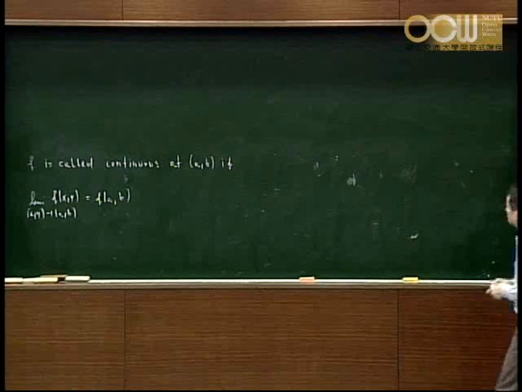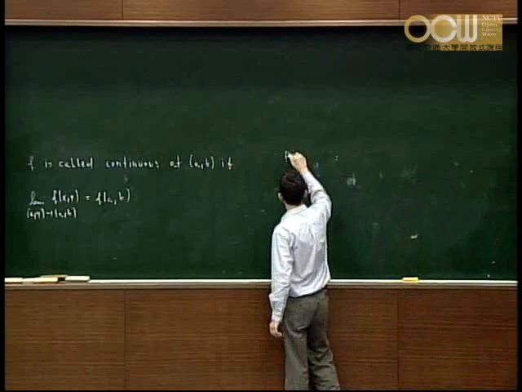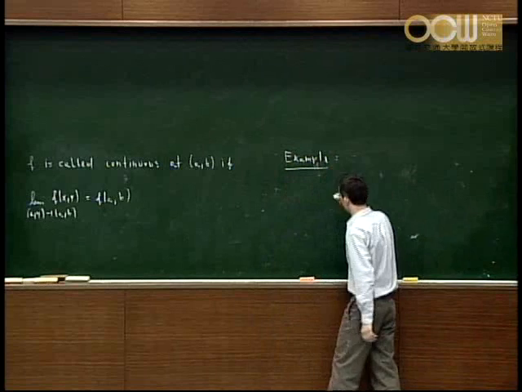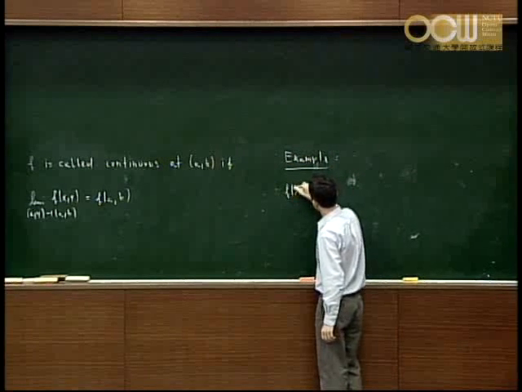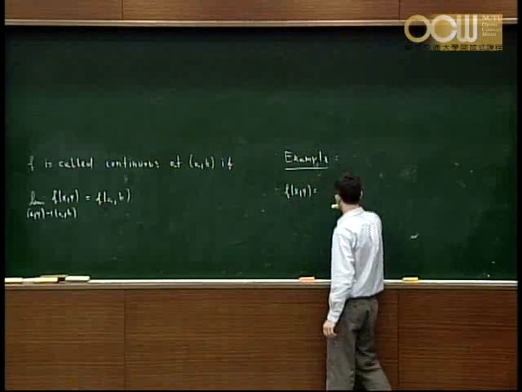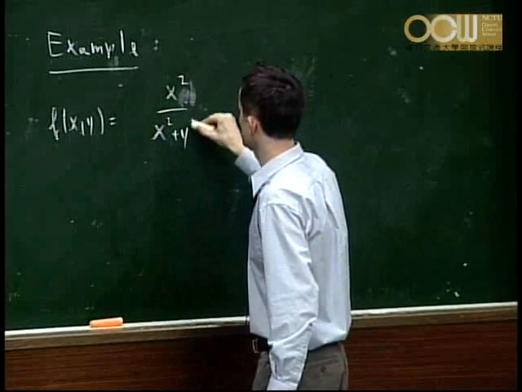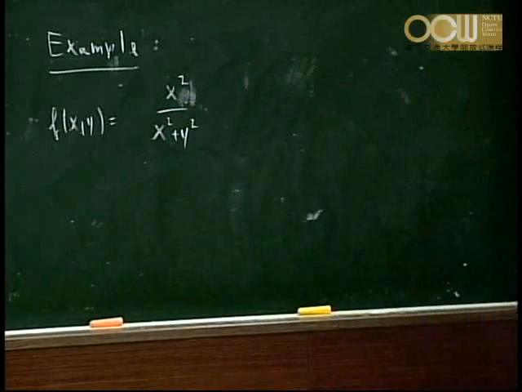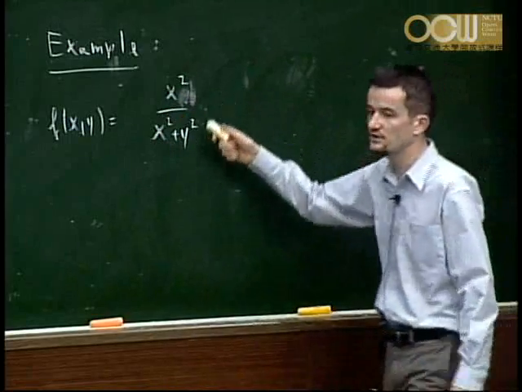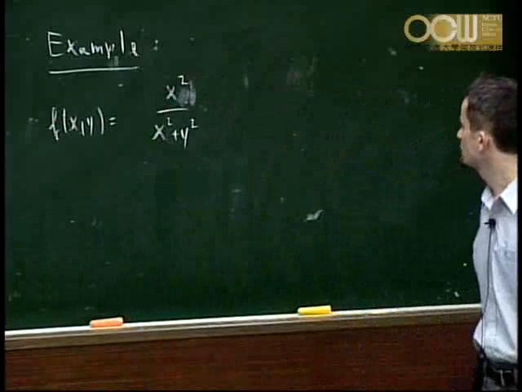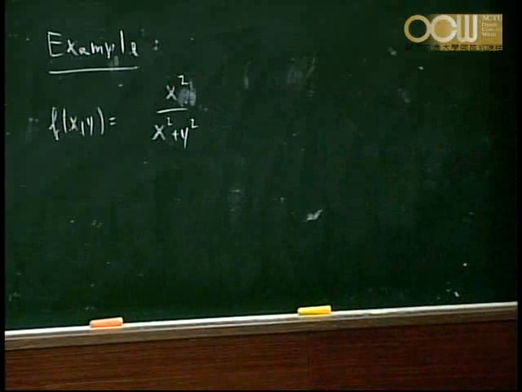So you just have similar behavior. For instance, if you look at this function which we discussed before, x squared over x squared plus y squared, then because this is a rational function in two variables, this function is continuous on its domain.